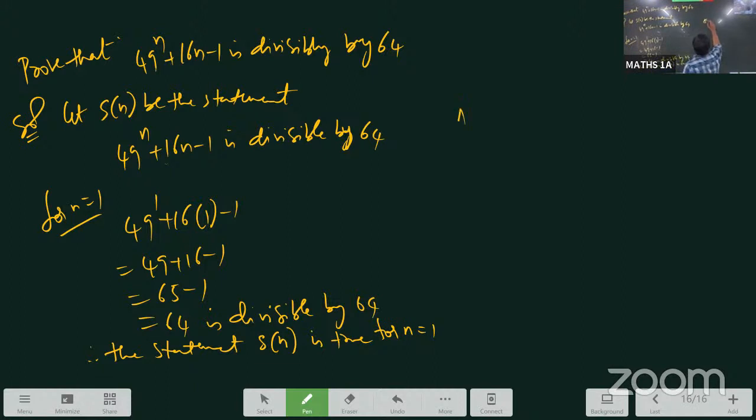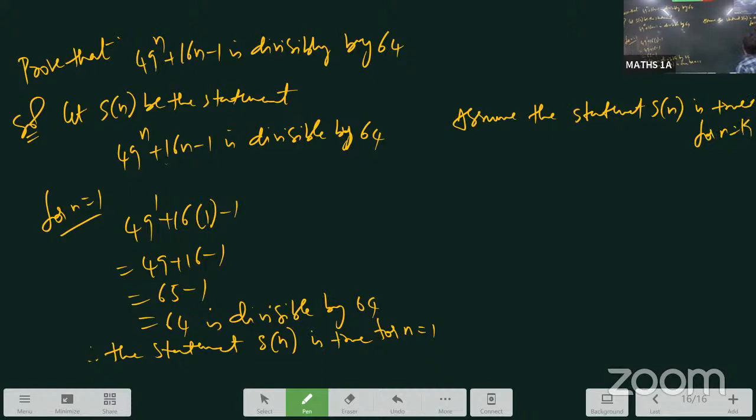Now, assume the statement S of n is true for n equal to k. It means 49 power k plus 16k minus 1 is divisible by 64.